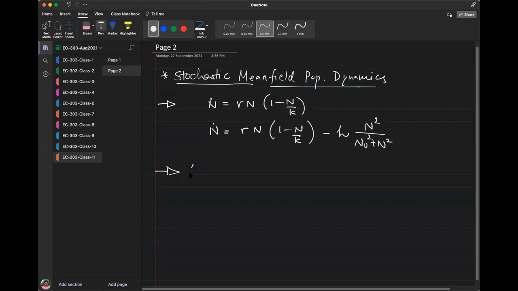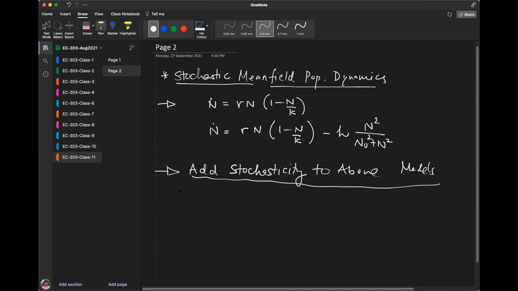There are ways to add stochasticity to the above class of models. One class would be the ad hoc introduction of stochasticity.